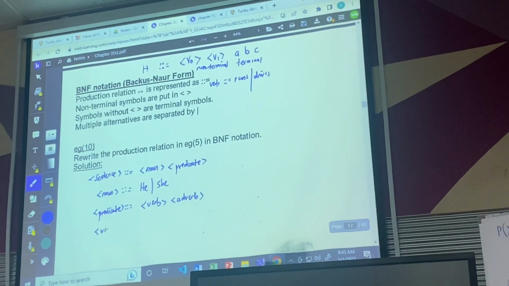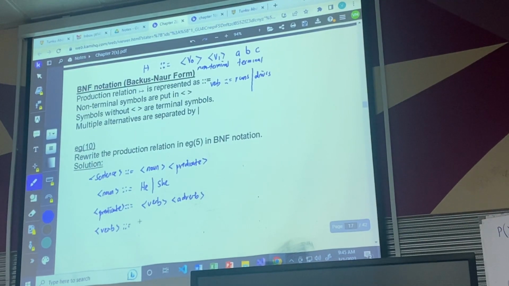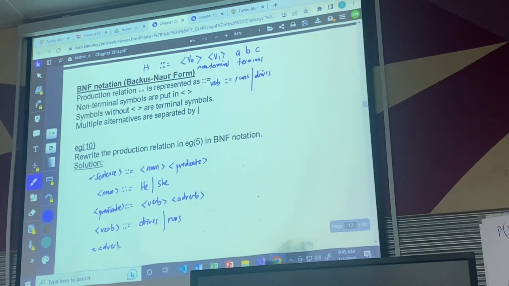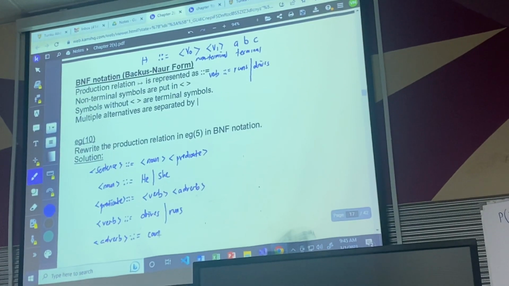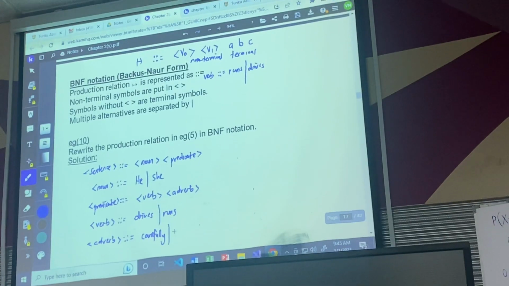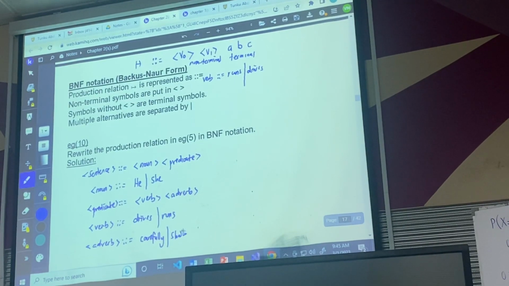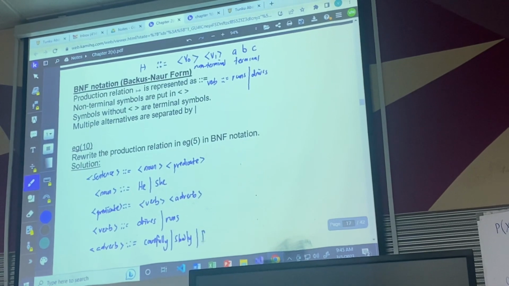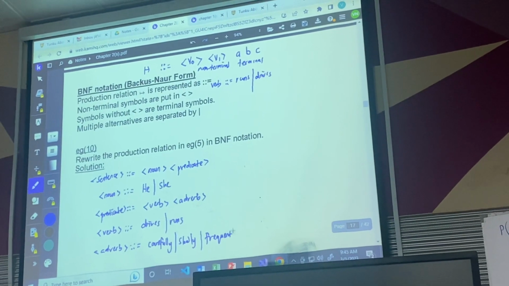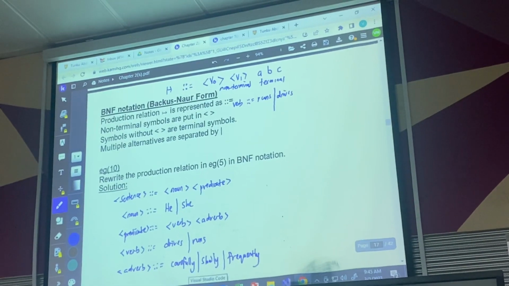After that, the verb you can substitute with write or right, and adverb substitute with carefully, slowly, or frequently. So this is the BNF notation.